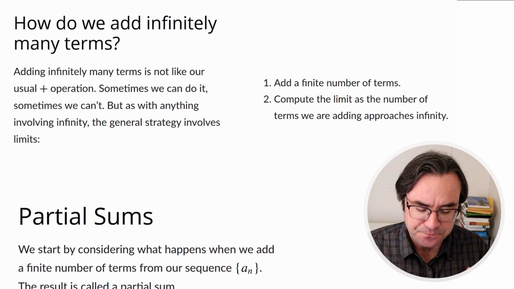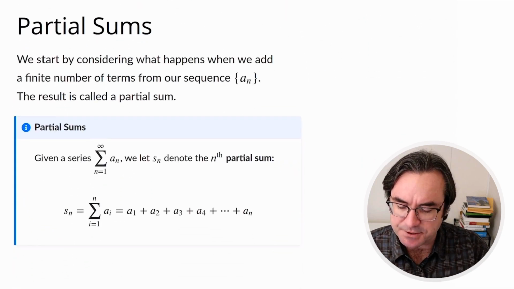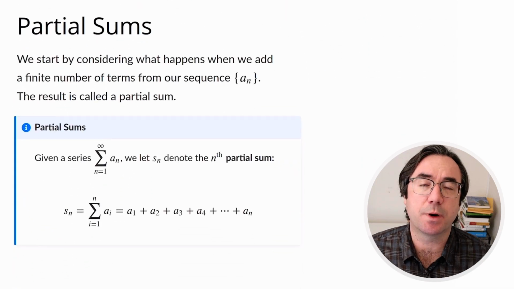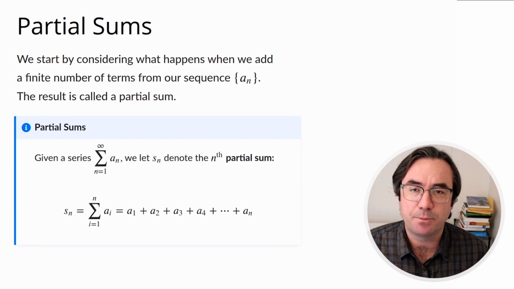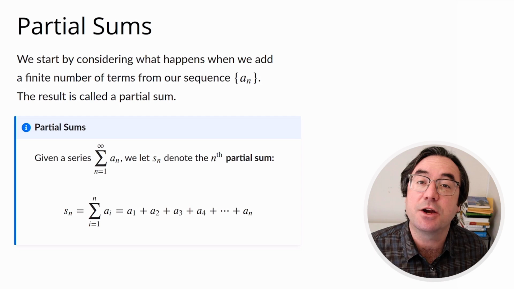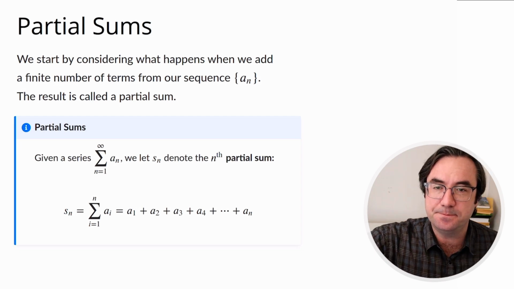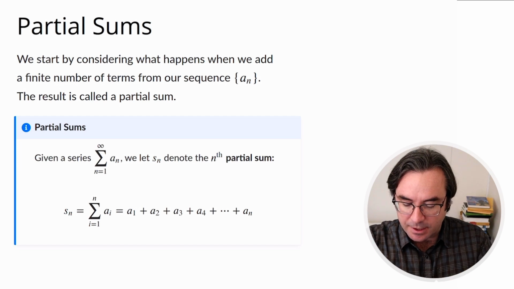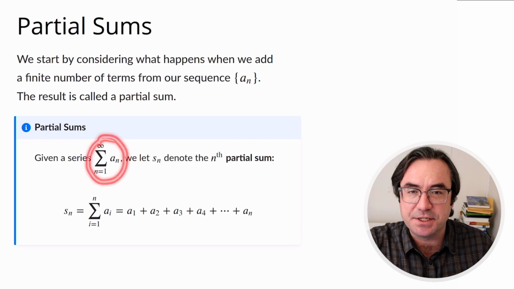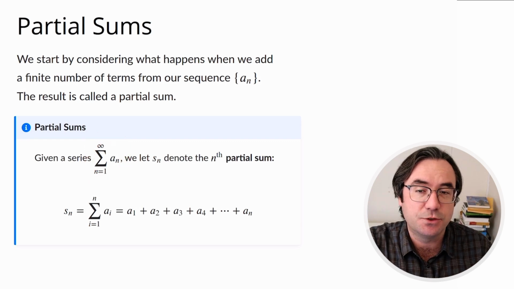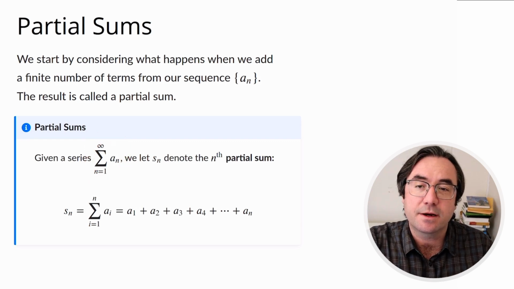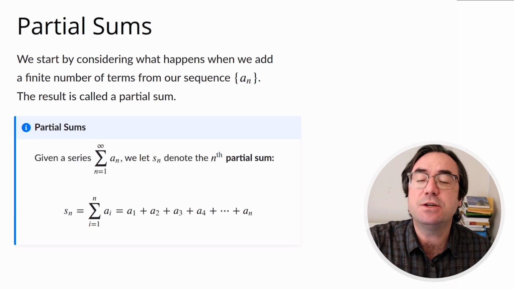All right, so how do we do this? Well, we do it with something called partial sums. So partial sums, these are the finite terms that we're adding together, essentially. All right, so when we have this infinite series, sigma a_n, from n equals 1 to infinity, we're going to calculate a brand new sequence.